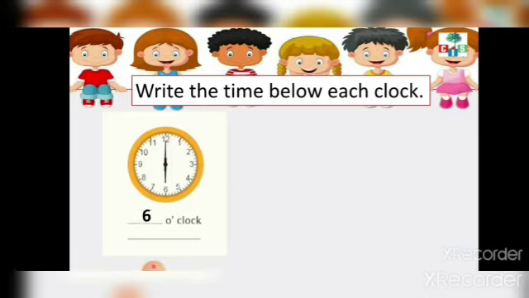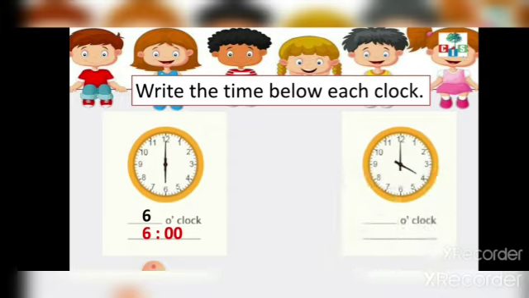It can be written as 6 colon and then 0 0. What is the time? Okay, the short hand is on 4 and the long hand is on 12. So the time is 4 o'clock.